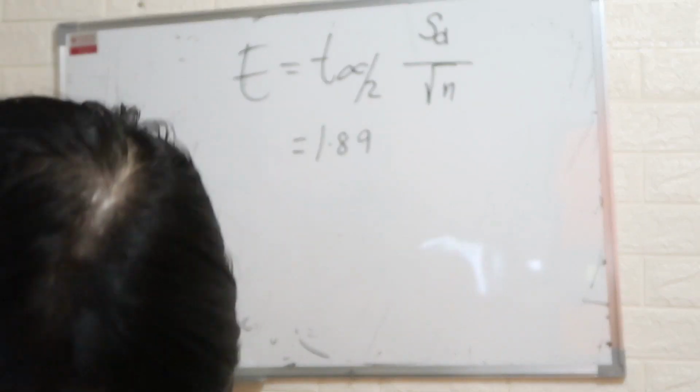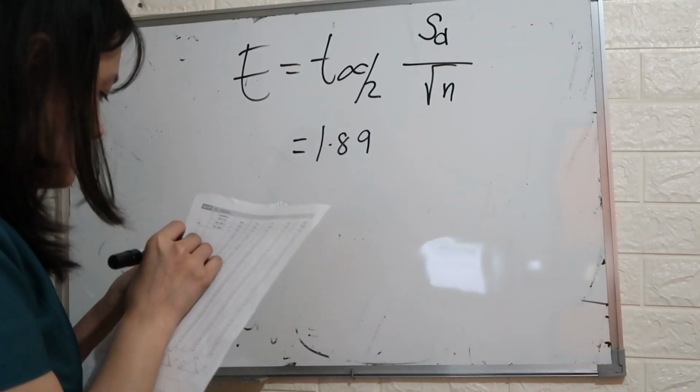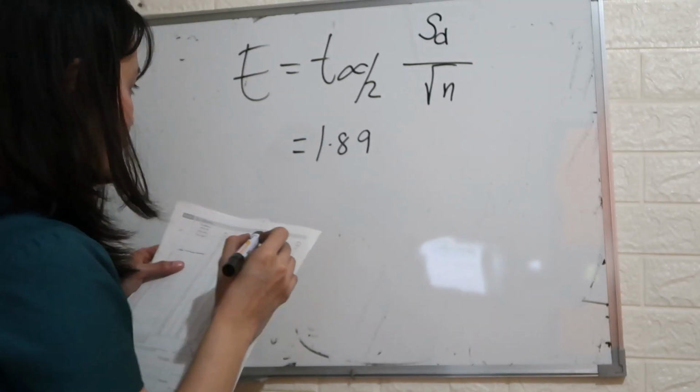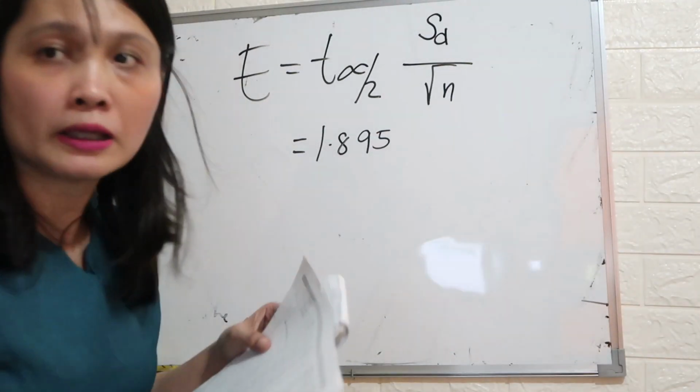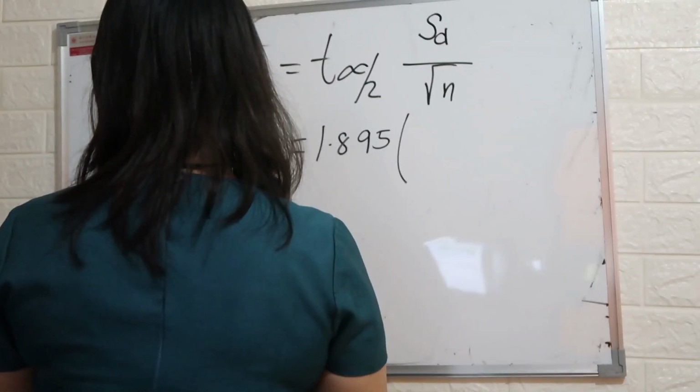So we have 1.895 for the 90%, multiplied by 4.7809 over the square root of 8. So our margin of error will be 1.895 times 4.7809 over the square root of 8.